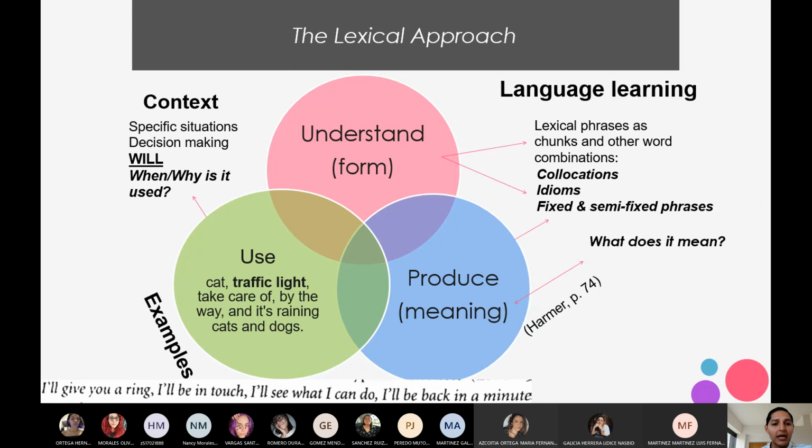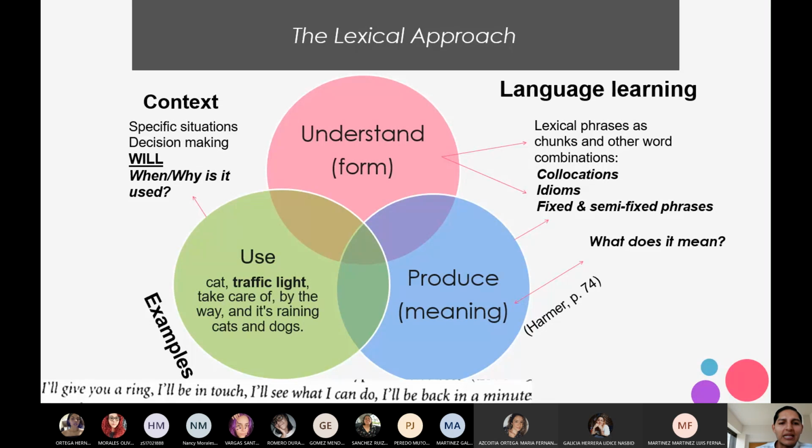I'll give you a ring, I'll be in touch, I'll see what I can do, I'll be back in a minute, I'll have you with your bags. Okay, so rather than including a perspective, an approach for teaching will just for the future simple or for the different uses focused on.